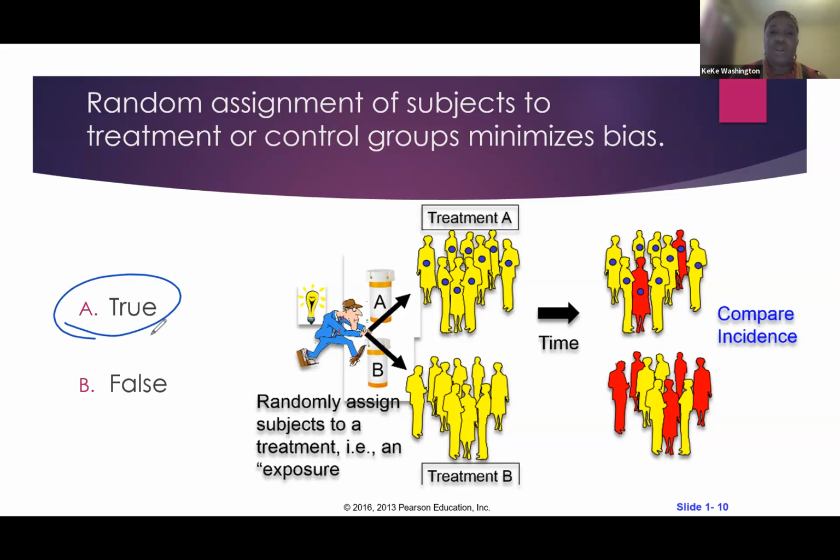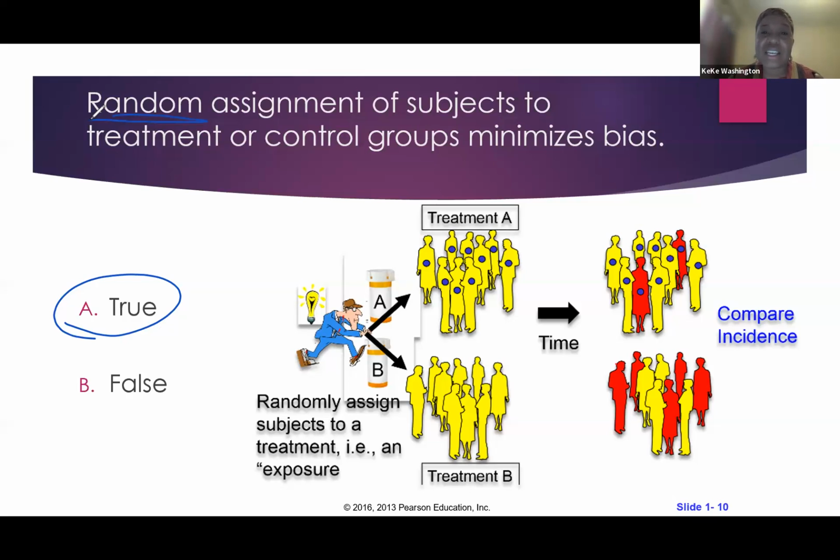If you do not see that answer in, I'm sorry, I never answered this question, I apologize. But if you do not see the word random assignment, that's what I meant to do, underline random assignment. If you don't see that word random in the scenario, that is a key flag that it is not a controlled experiment.